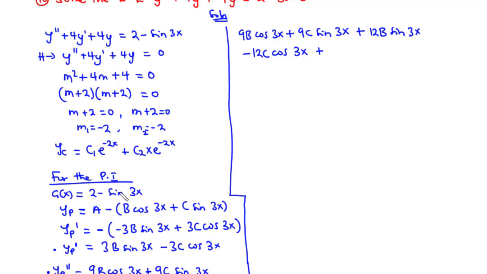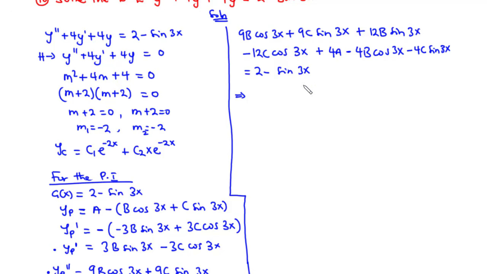So 4 times a will be 4a, and then minus 4 times b will be 4b cos 3x, and then 4 times c will be 4c, so minus 4c sine 3x, and that is equal to 2 minus sine 3x.